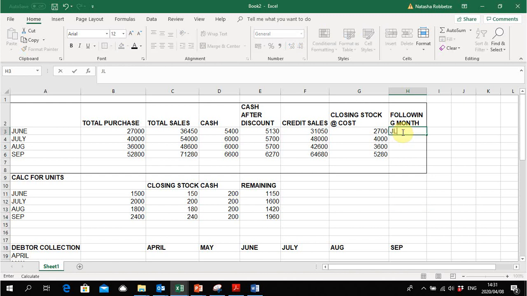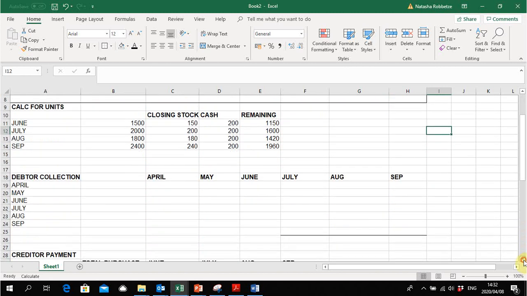So June will be in July, July will be in August, August will be in September, September will be in October. So in terms of the sales, we are running 1 month basically behind. So June becomes July, July becomes August, August becomes September. Very important to remember.